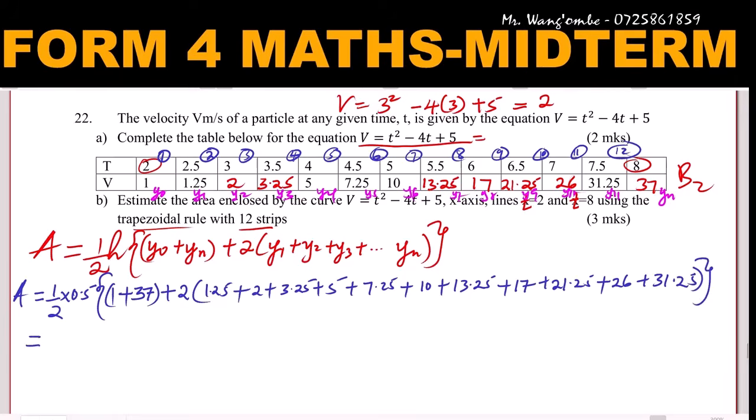So this will give a half times 0.5, that will be 0.25. Then this will be 38.